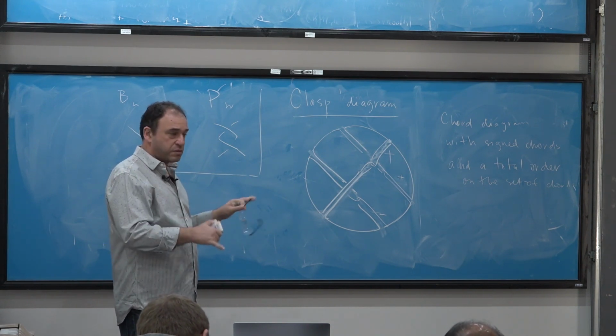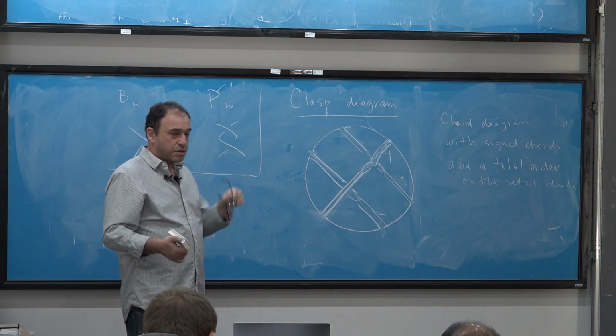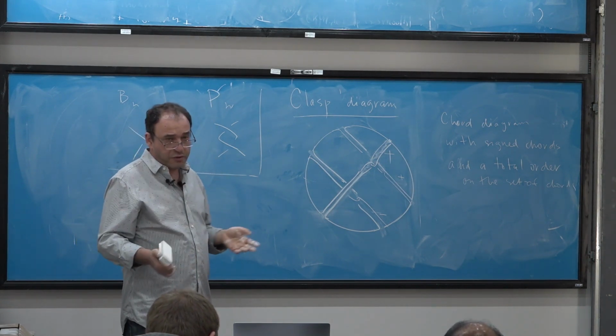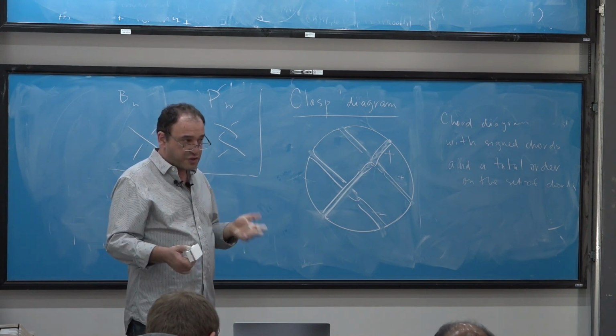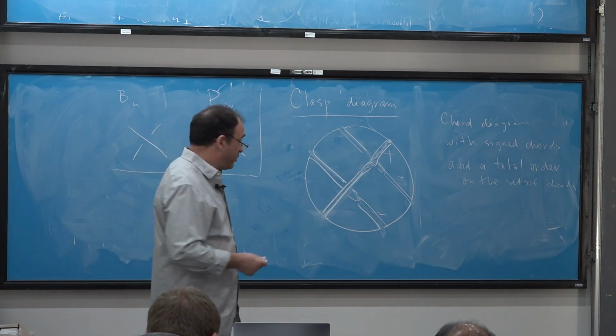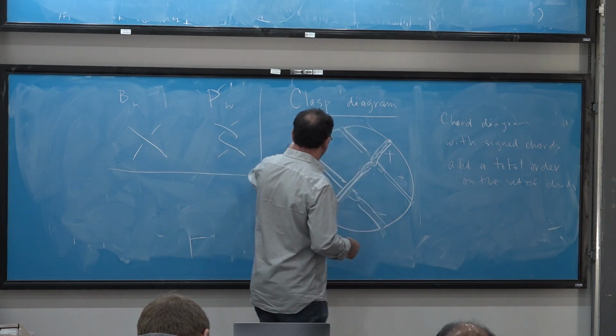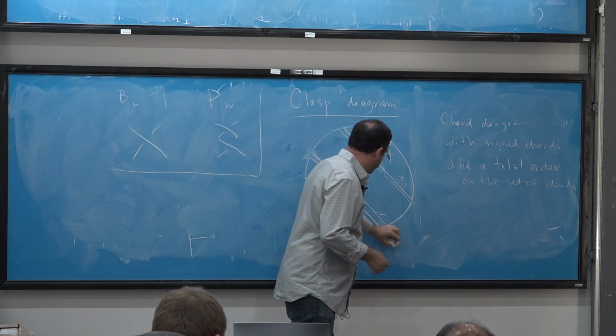So we have some diagrams now, and still we have to make some calculations. What we really want is to prove something about the Vassiliev invariants. But I'm not really going to say anything about them here.